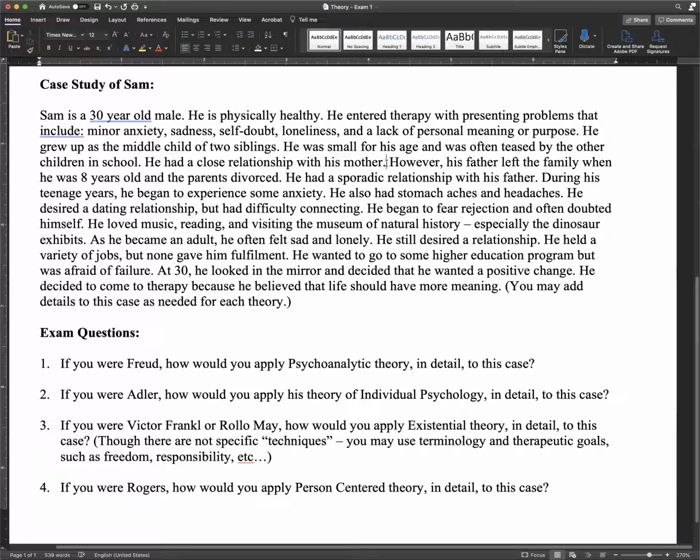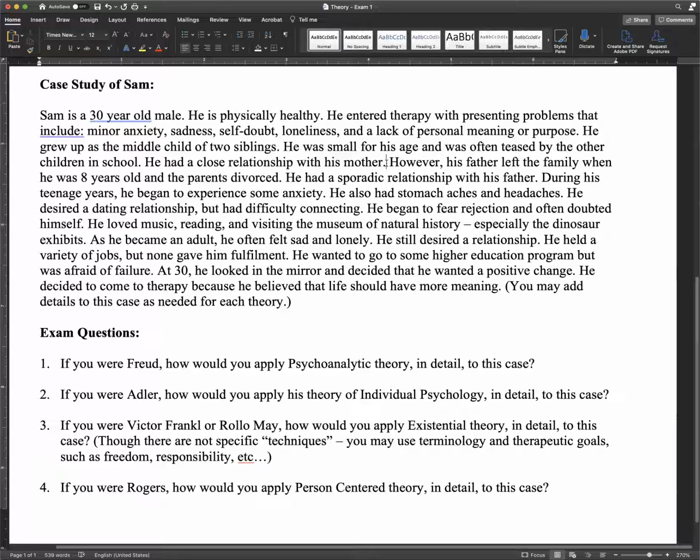There are 4 questions to the exam. Each question will use the same case. Number 1, if you were Freud, how would you apply psychoanalytic theory in detail to this case? And of course, use all the appropriate terminology. Number 2, if you were Adler, how would you apply his theory of individual psychology in detail to this case?